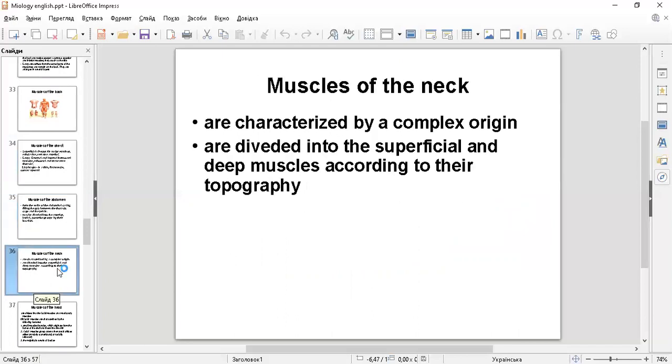Muscles of the neck are characterized by complex origin. They are divided into the superficial and deep muscles according to their topography.